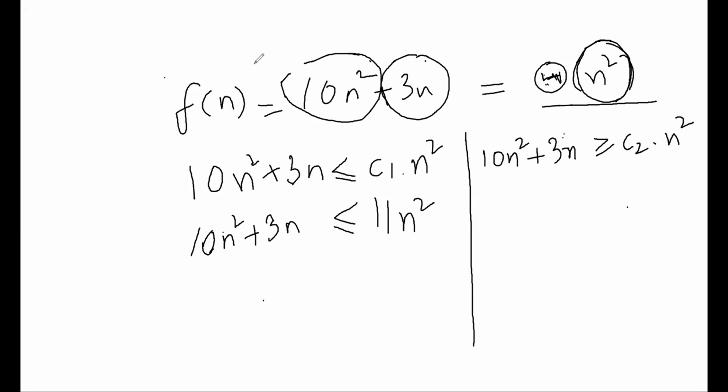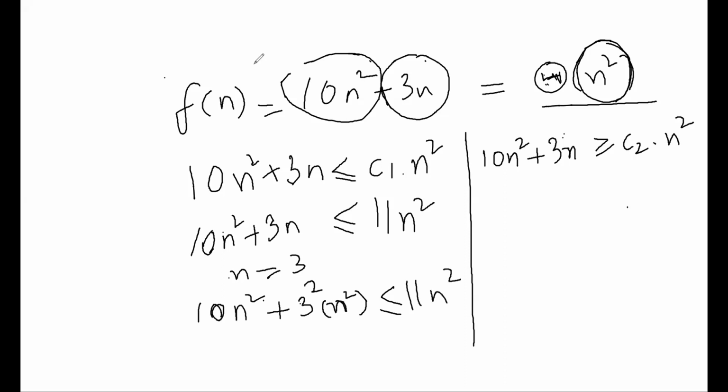If your n is 3, so you have 10 n square plus 3n. Since n is 3, 3 into 3 is 3 square, which is n square, just replacement.